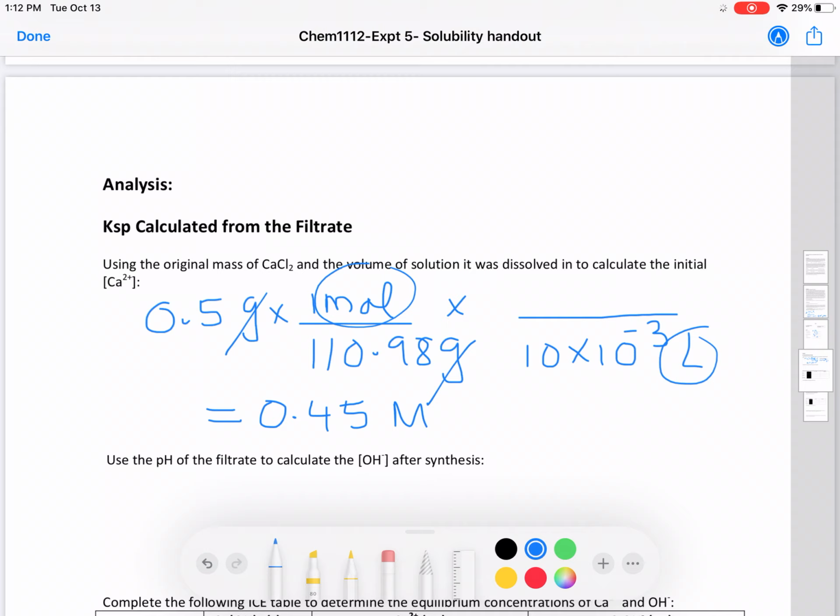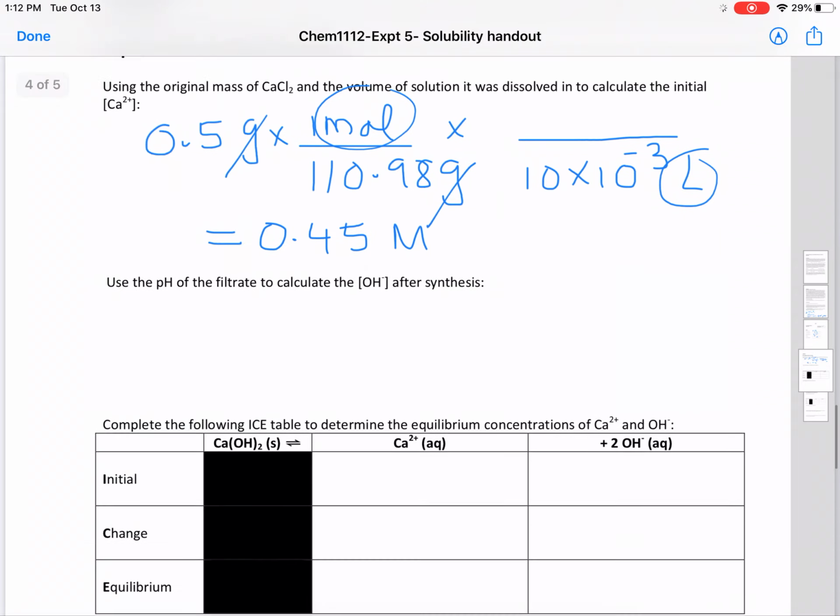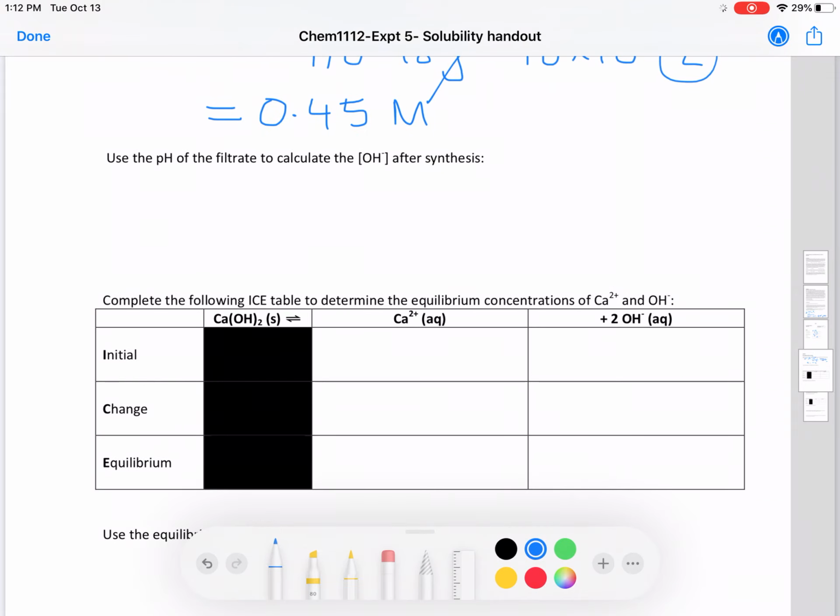Use the pH of the filtrate to calculate the hydroxide after synthesis. The pH of the solution was given to us as 11.5. So pOH would be 14 minus 11.5, which is 2.5.